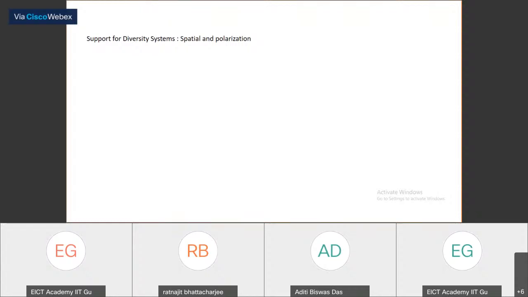So diversity, spatial diversity, receive diversity system, combining, or polarization diversity, all these things, this support for diversity system has to be there. The base station arrays are also used to provide transmit diversity. I think this has already been discussed and ultimately leads towards MIMO.